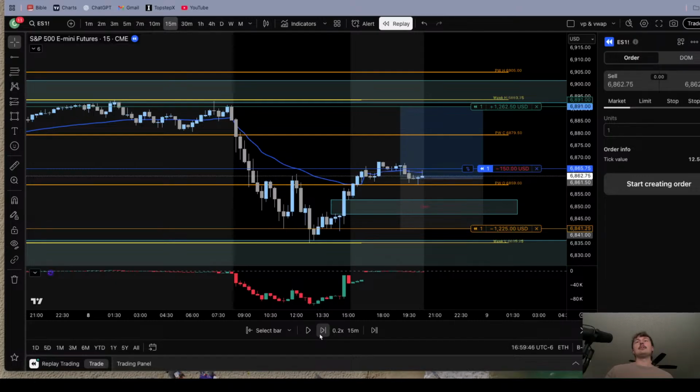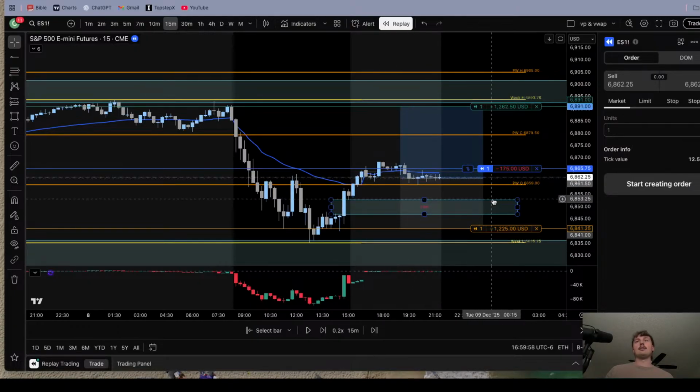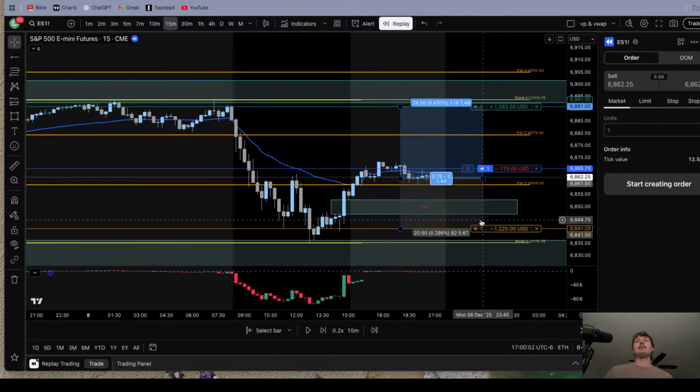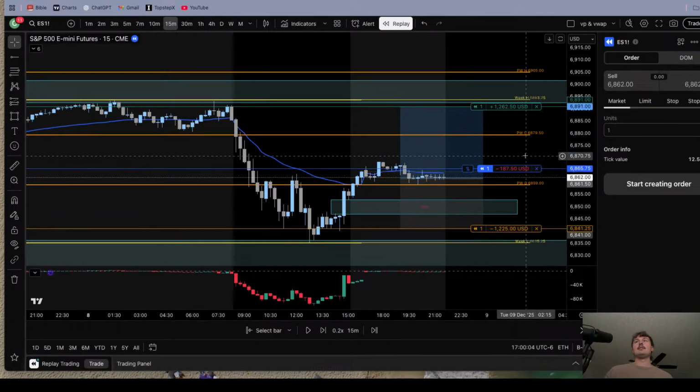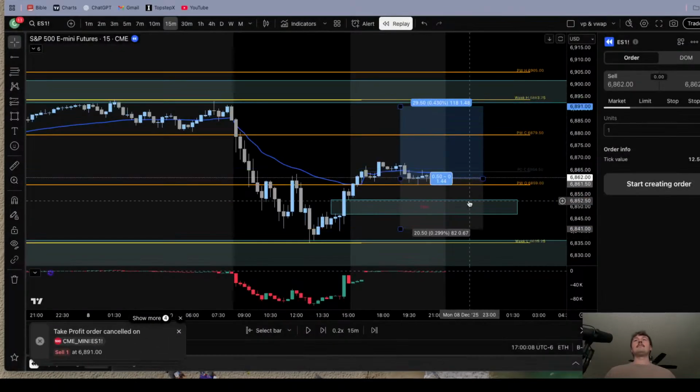Lost VWAP. Let's see if we can reclaim it. We just hit our level, previous weekly open. Man, dude. Look at this. 15, 30, 45, an hour. Hour and 15, almost an hour and 45 minutes of under that VWAP. Don't love that. So I'm going to get out. Minus 187.